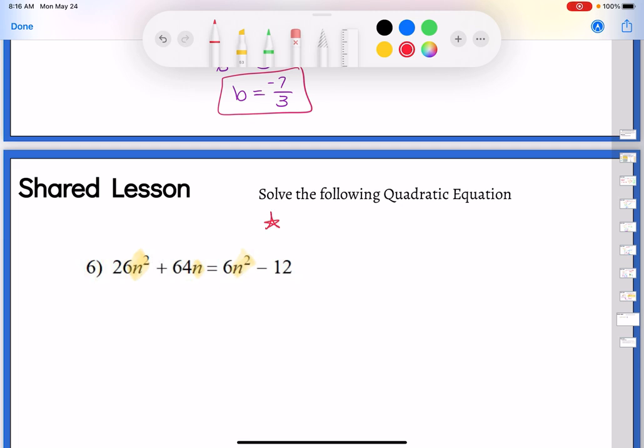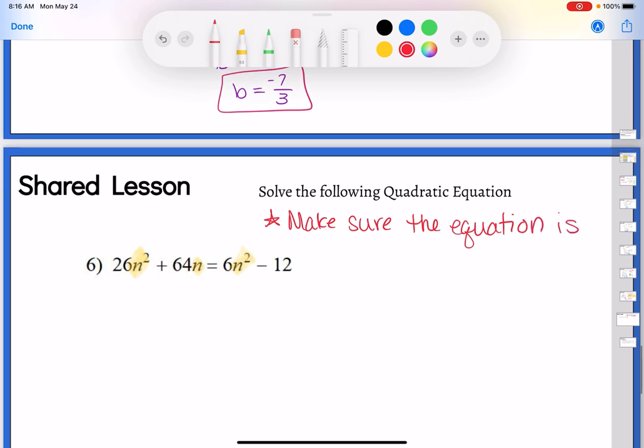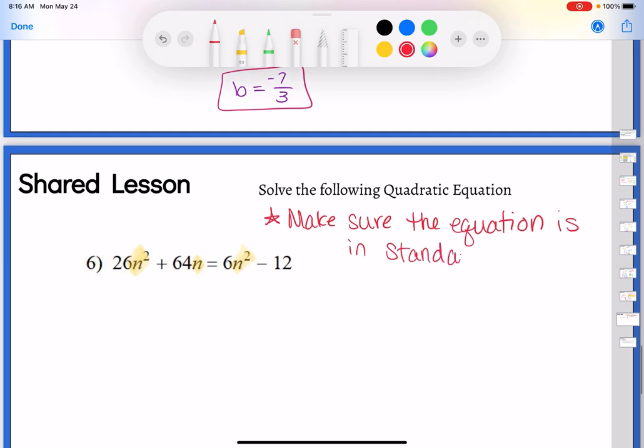But you need to make sure the equation equals 0, but even more than that, we want to say that we need to make sure the equation is in standard form before factoring, okay?